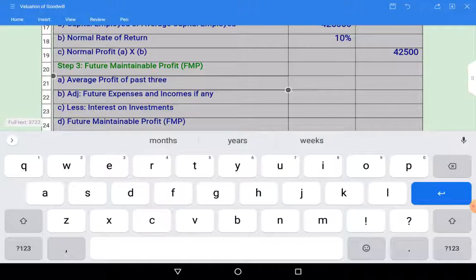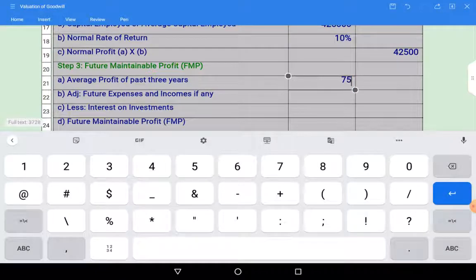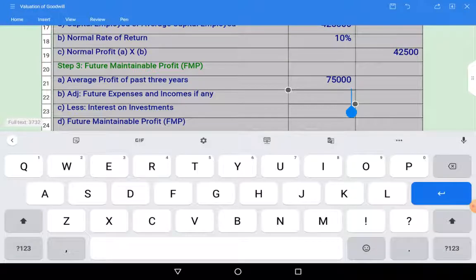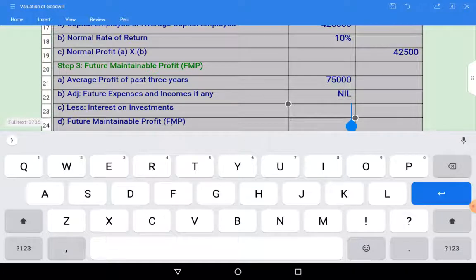Then add adjustment of future expenses and incomes if any, nil. So consider it as nil. And next, interest on investments.